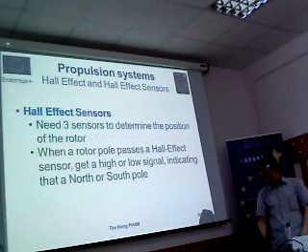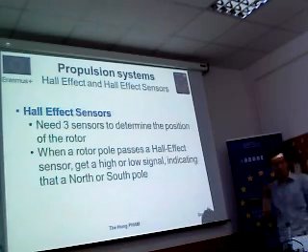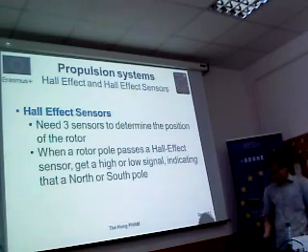So the Hall effect sensors need 3 sensors in order to determine the position of the rotor. When the rotor pole passes a Hall effect sensor, it will get a high or low signal, indicating the north or south pole. This signal is like a PWM, but it will be square, meaning 50% of the PWM.